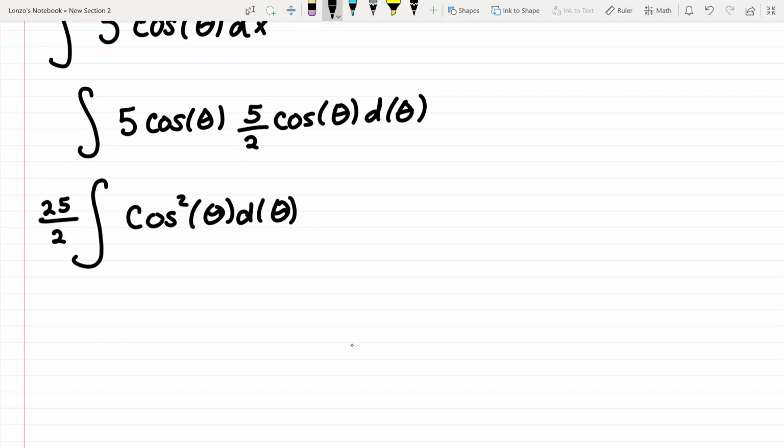Okay, so how do I simplify, or what is the integration of cosine squared theta? Is there some kind of identity I can use? Yes. The identity you can use is a trig identity. It's cosine 2 theta equals 2 cosine squared theta minus 1, right? So because I want to solve for cosine squared theta, I will first add 1 to both sides.